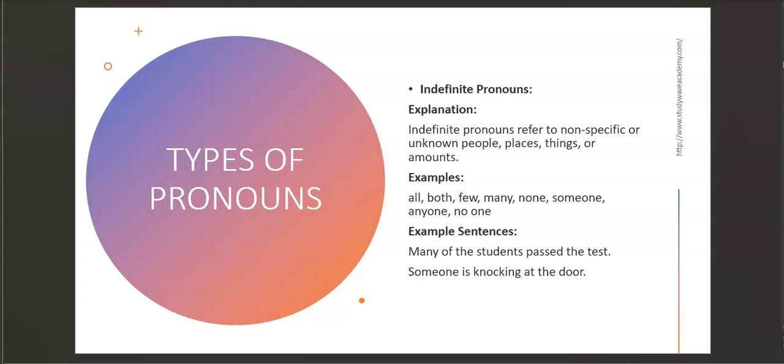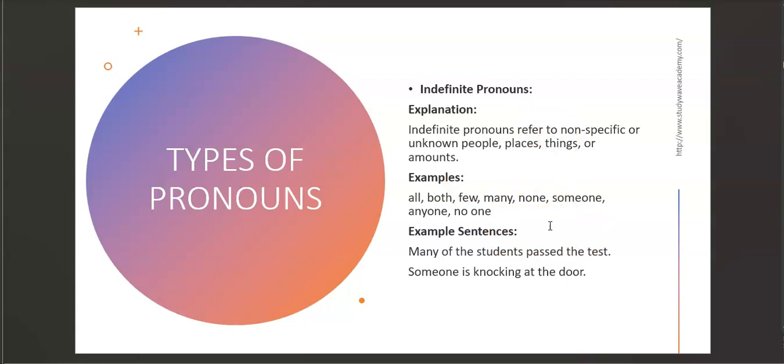So when we don't know something, we have a pronoun for it, and we call that indefinite pronouns. So with the indefinite pronouns, we have examples here like all, both, few, many, none, some, anyone, no one. These are pronouns that we don't know the specific details about.